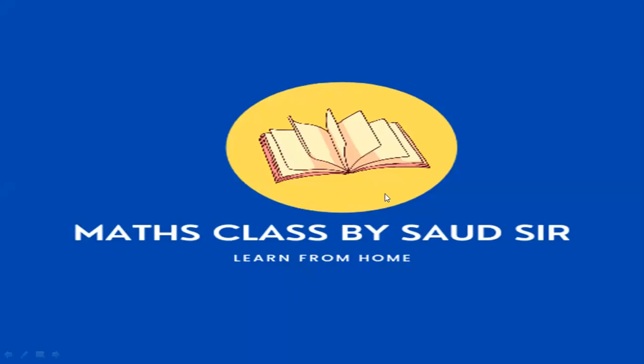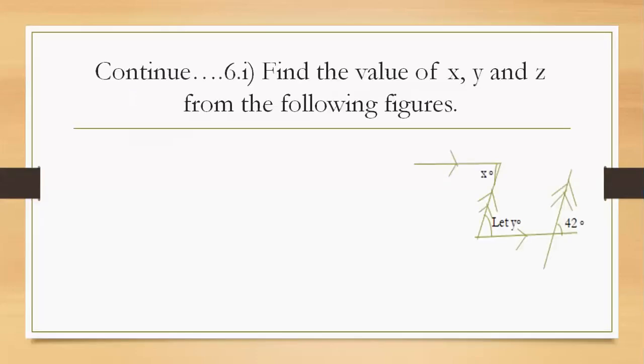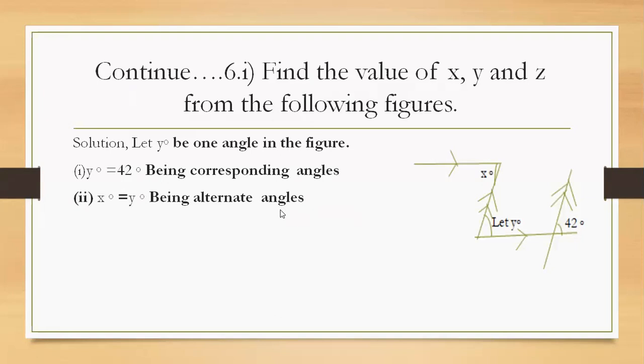In this question, we find the value of y degree equals 42 degree, being corresponding angle. Then y and x are equal, being alternate angle. That is shown in this one. You can note down or you can take a screenshot now also. Okay, children.